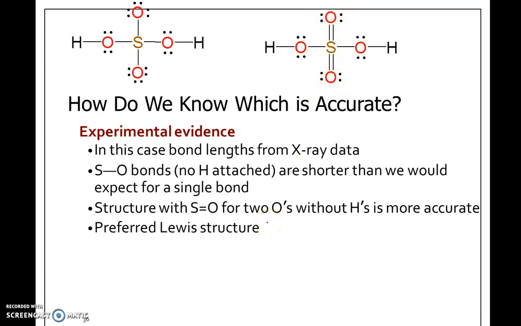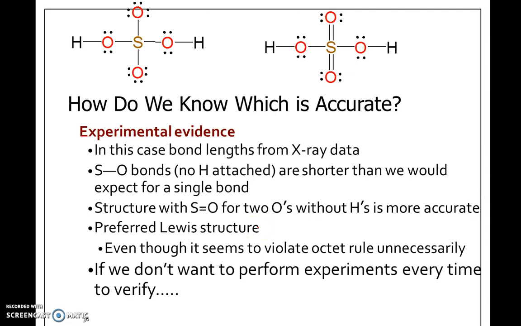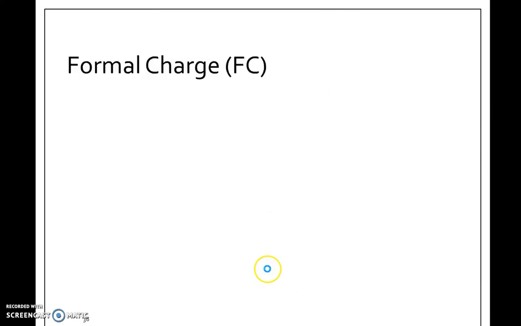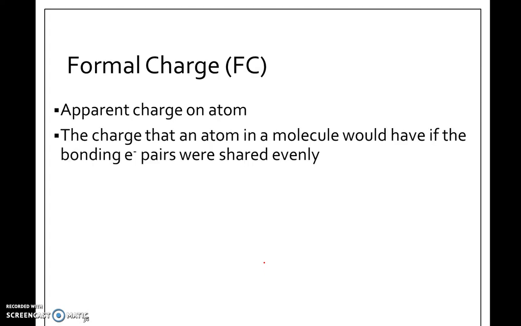Now you're not going to go and collect experimental evidence on all your Lewis structures. So there is a different way of doing this. We don't want to perform experiments every time we want to verify. What we can use is formal charges. Just like the oxidation number, this is the apparent charge on the atom, not necessarily the real charge.